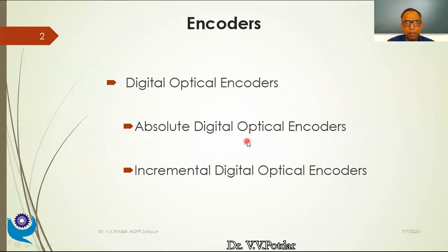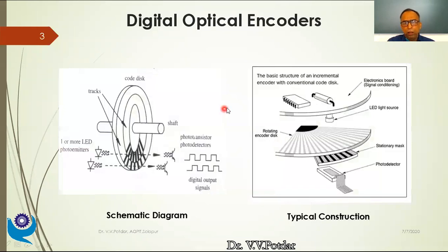So let us first of all see the digital optical encoder construction. As you can see on the slide, this is the disc mounted on a shaft whose position I want to measure, I want to sense, and use for control of the position of this shaft.